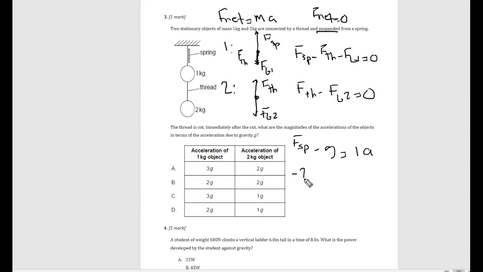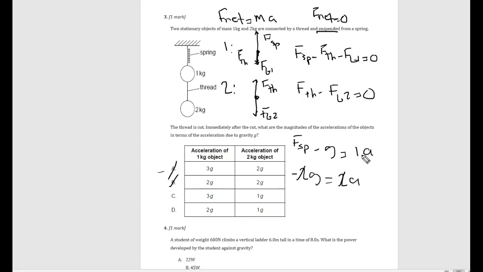So I'm going to say minus 2g equals 2a, mass of 2 for object 2. And so what I see here is, ignoring the minus sign, the acceleration of object 2 is going to be g. So that means it's either a or b that I can eliminate.